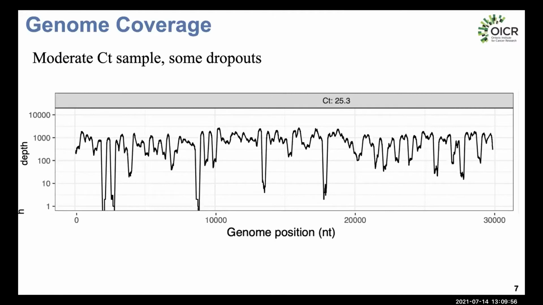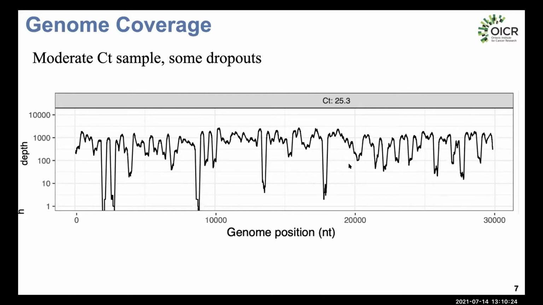If we go to a sample with a higher CT of 25.3, we see that there's starting to be some problems with our coverage profile. We can see some dropouts where the coverage drops down below 10x or even down to 0 here, here, here. And we can see some other areas where some of the amplicons didn't perform very well, like here, here, here, here, and maybe here.